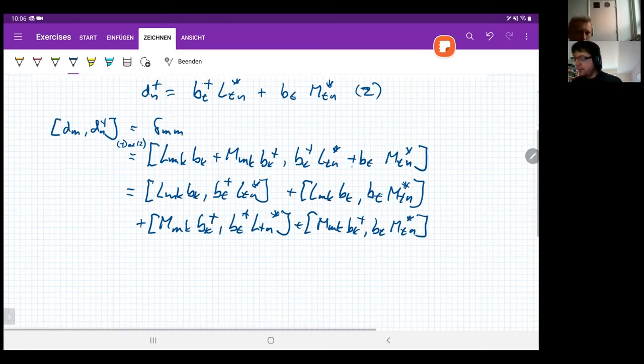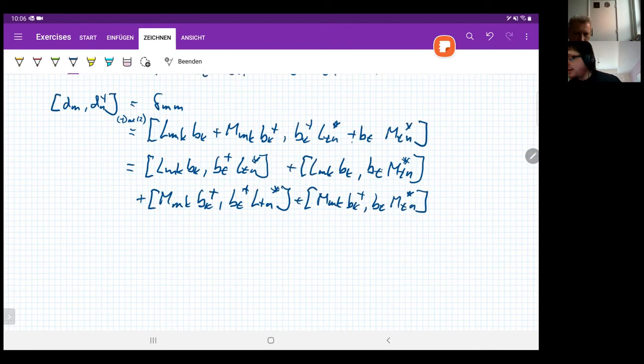And again, since these L and M operators commute with our creation and annihilation operators, we can pull them out. I will do that once here as the extra step, but in the following, I will just always skip this. B_K, B_T dagger.